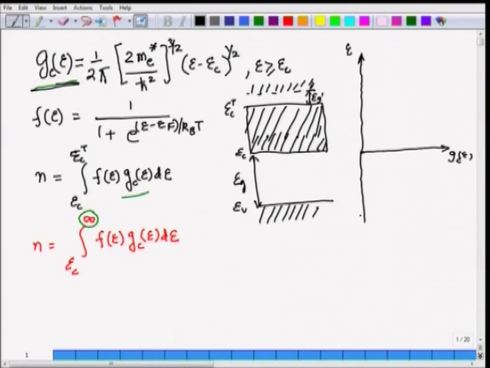You can see that Gc is defined only for E greater than Ec, below that it is 0, because this is the density of states in the conduction band, and it starts right from this point. There are no density of states in the band gap anyway. So we start plotting from this point on, it goes as the square root of energy, and this plot will look something like this.